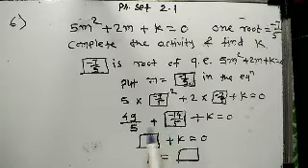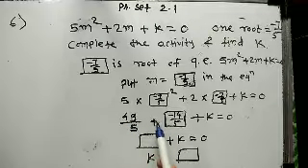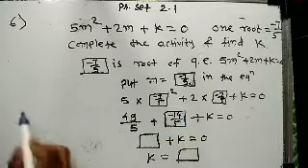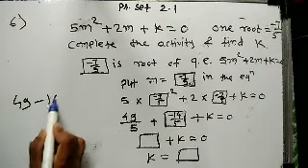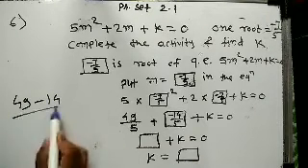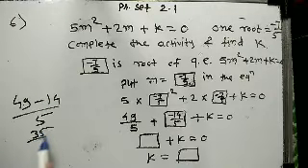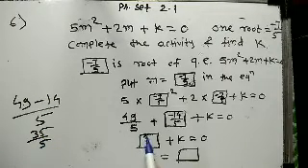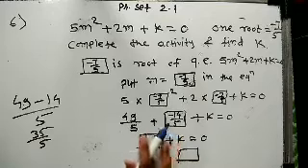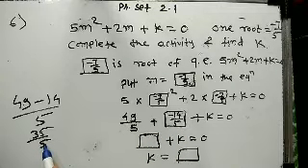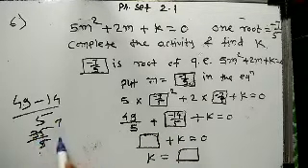Here the denominators are the same, so 49 minus 14 is 35 upon 5. This 35 upon 5 means 5 sevens are 35, that is 7.